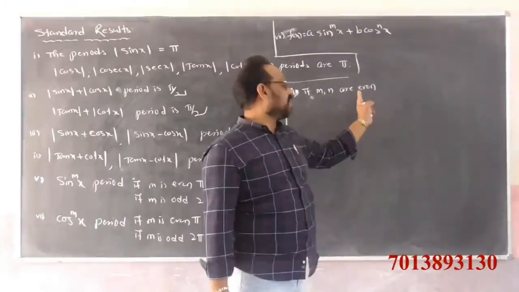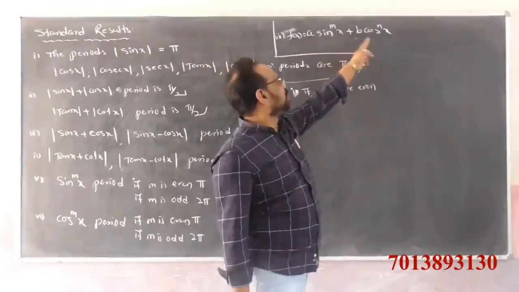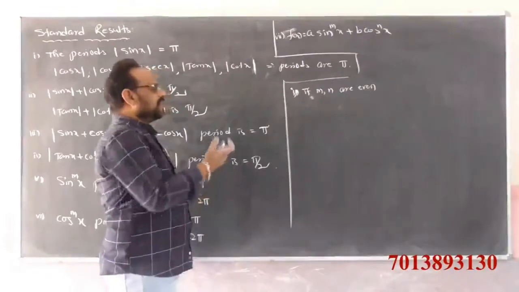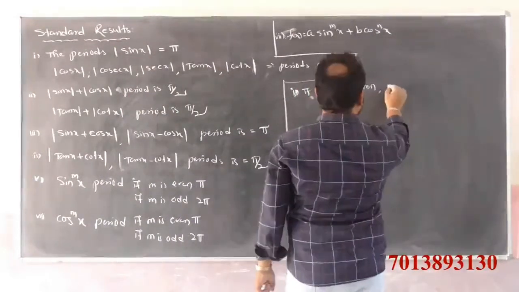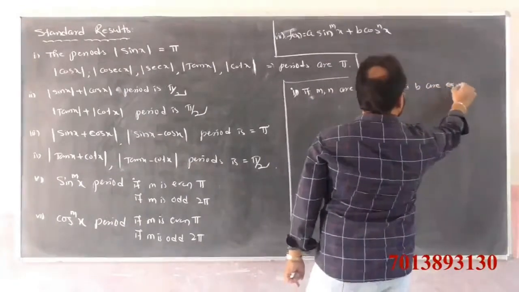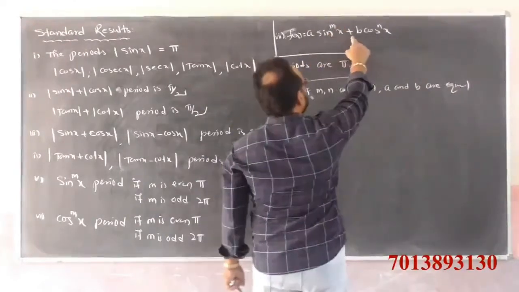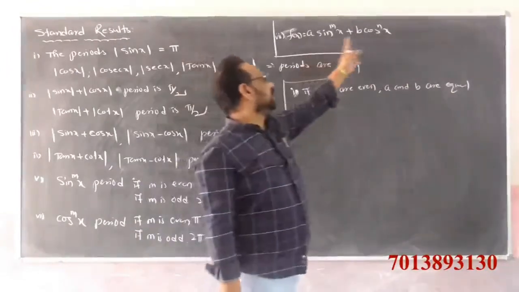And the coefficients a and b are equal. That means, for example, 5 sin power 4x plus 5 cos power 8x. That means a is equal to b.